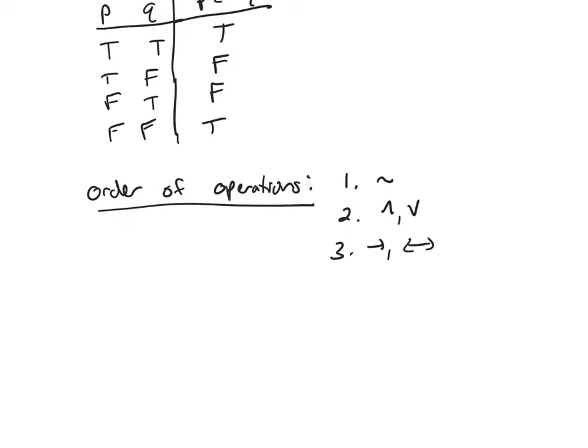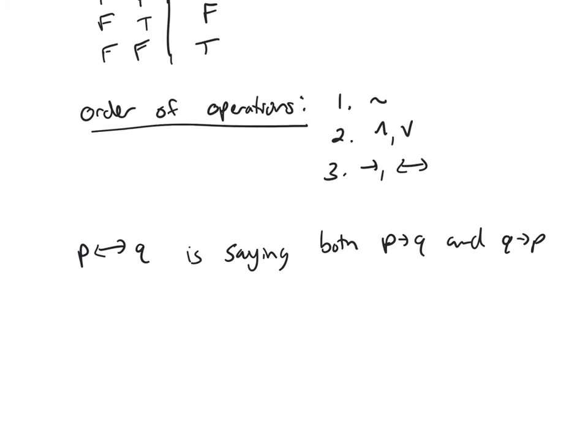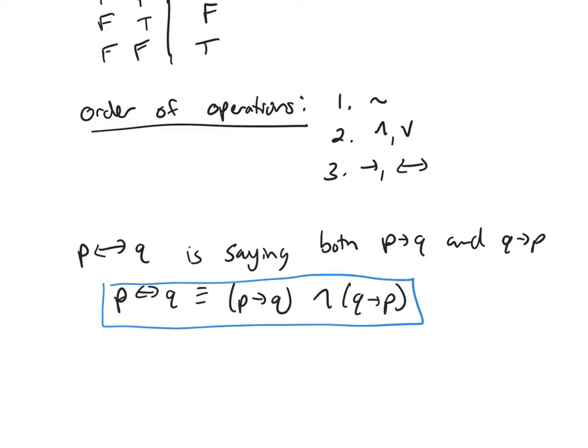So really what's going on with an if and only if statement, a biconditional statement, it's saying both if P then Q and if Q then P. So really what I'm trying to say is that this biconditional statement, it's logically equivalent to if P then Q and if Q then P. And we can show this is true through a truth table, right?